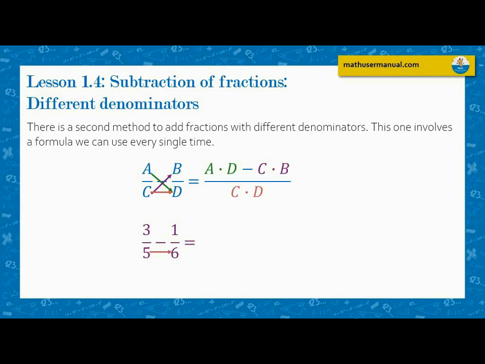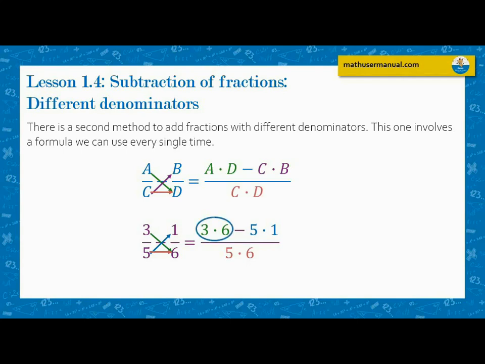Multiply the denominators together. That's 5 times 6, and that goes in the denominator. And then we go across. 3 times 6. This is a subtraction, so write the negative sign. And then across again, 5 times 1. If we repeat this operation every time, we're going to get the correct answer.